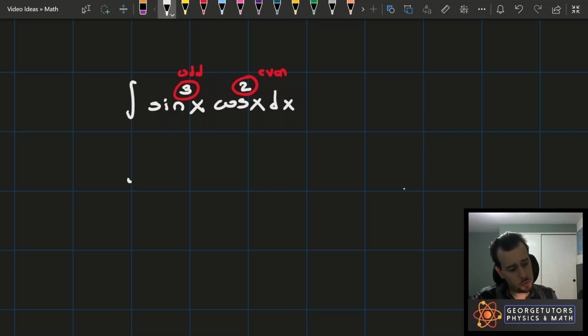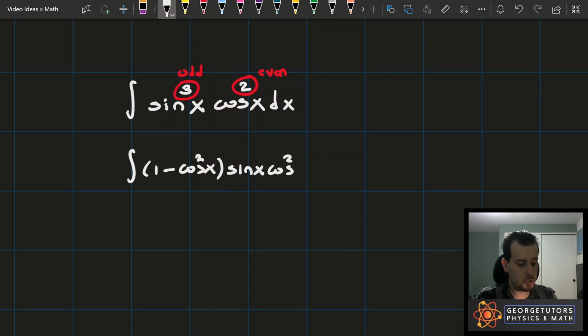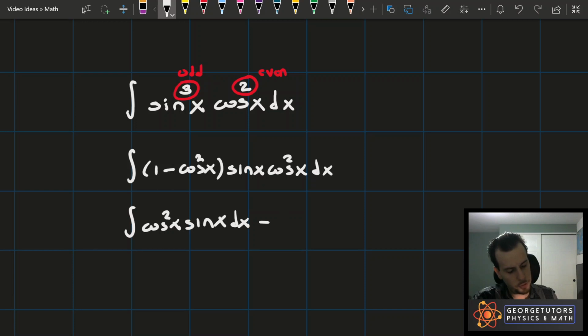And I go ahead and do that by introducing again the Pythagorean identity, replacing two factors of sine. I remain with one factor of sine and the cosine squared untouched. And then I go ahead and distribute over here, so I get cosine squared sine of x dx, and then I take away cosine to the fourth x, and then sine x dx.